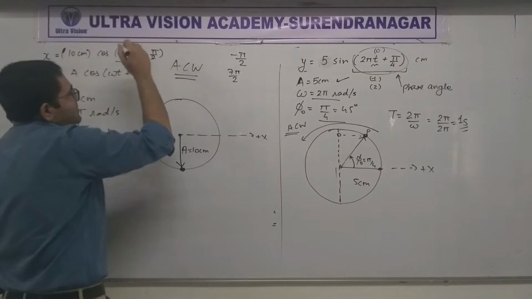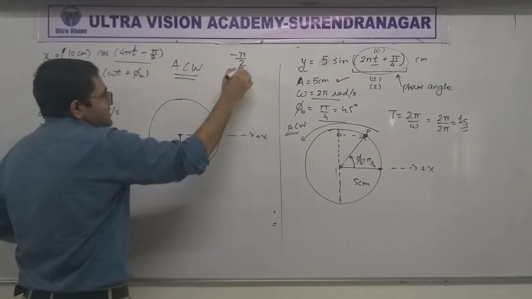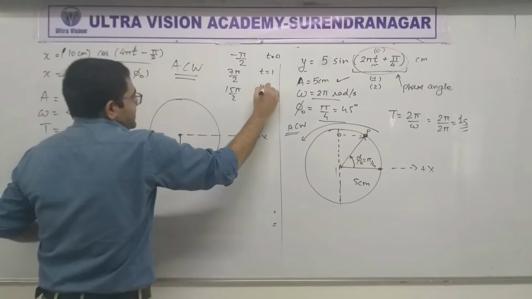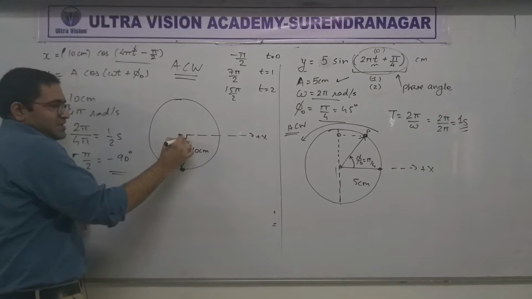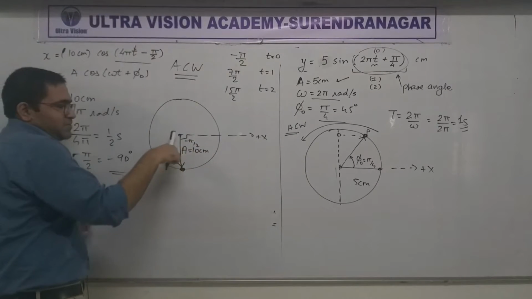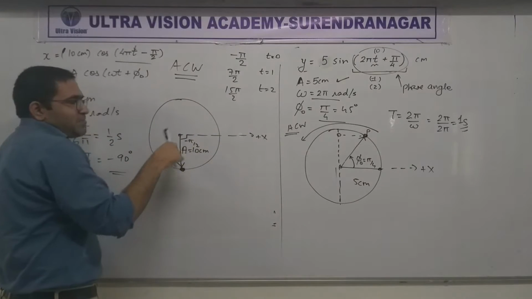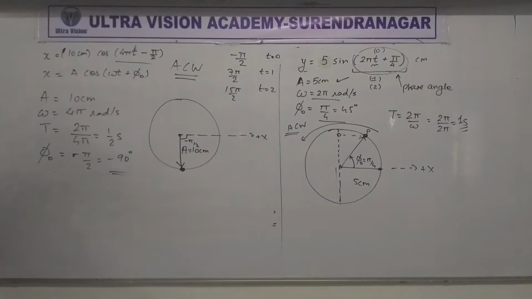You put time as 2, you get 15 pi by 2. So this is at t equal to 0, this is at t equal to 1, t equal to 2. So you see the angle is increasing. The initial angle is minus pi by 2, and gradually the angle will increase to 7 pi by 2, 15 pi by 2. So that means it is turning anti-clockwise. Okay?